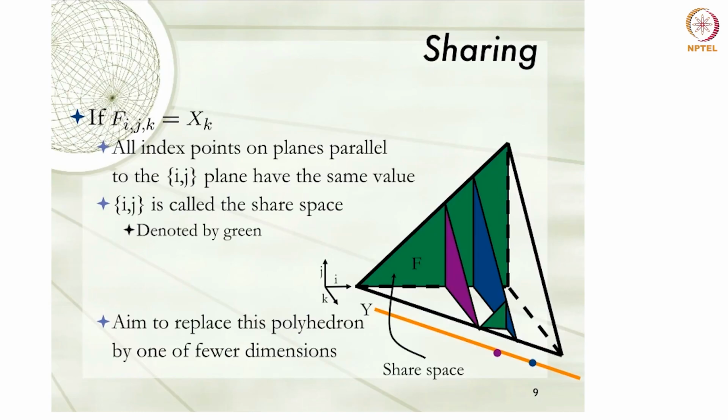So now what I'm doing is the following. I am accumulating all the purple slice and the blue slice. But many of the values in the blue slice are identical to the values of points in the purple slice.